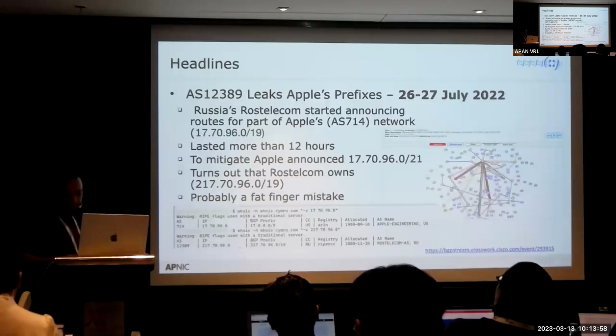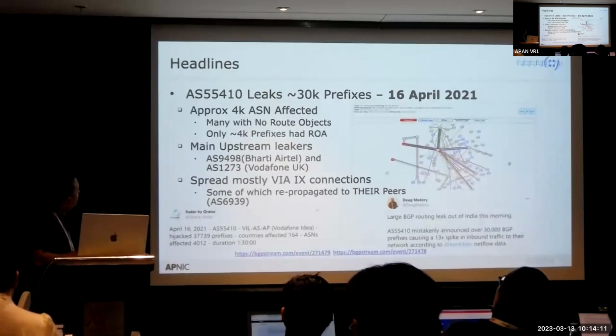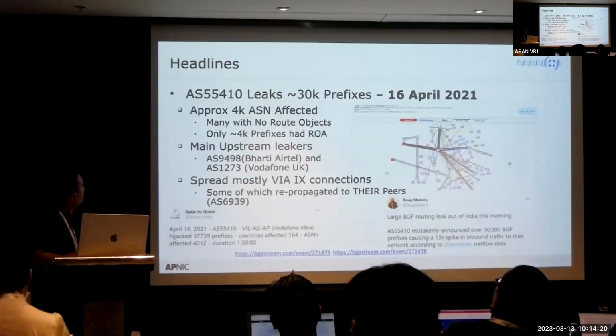Right. So other cases, there is AS5540, right? So this is a Vodafone Idea that happened on 16 April in 2021, and one of the reasons why this got propagated was that they did not have route objects, right?